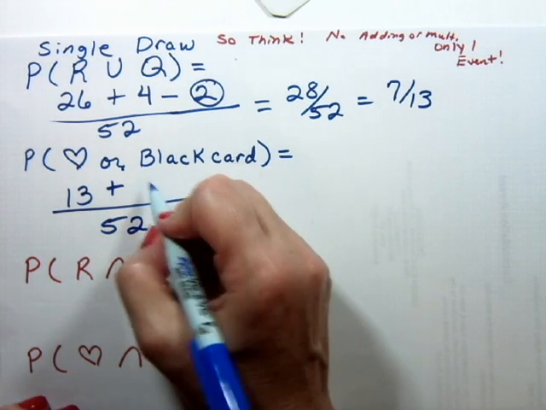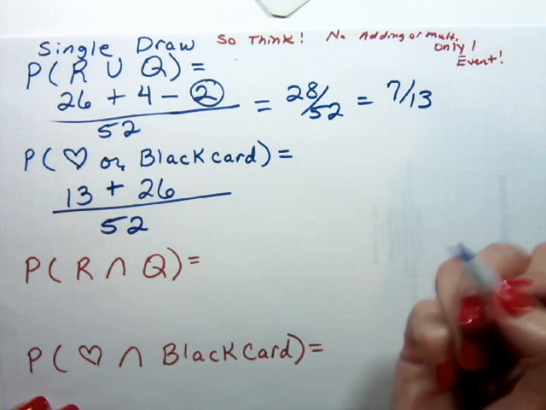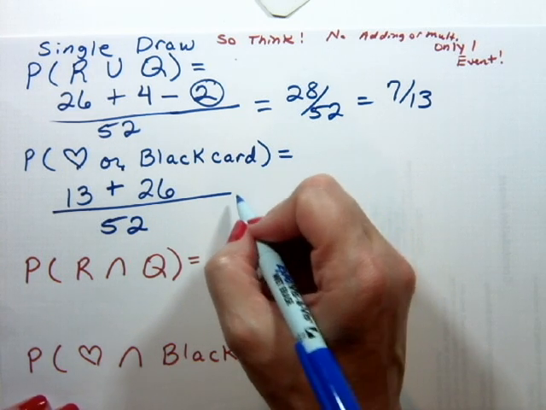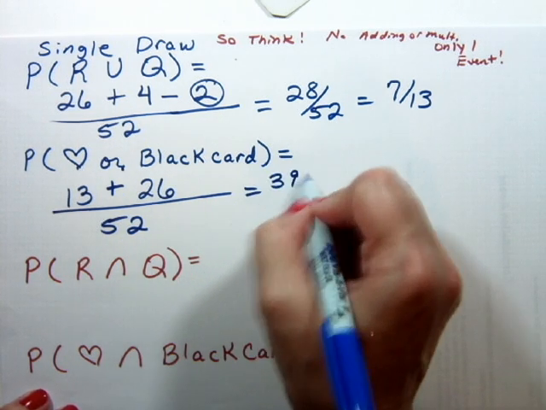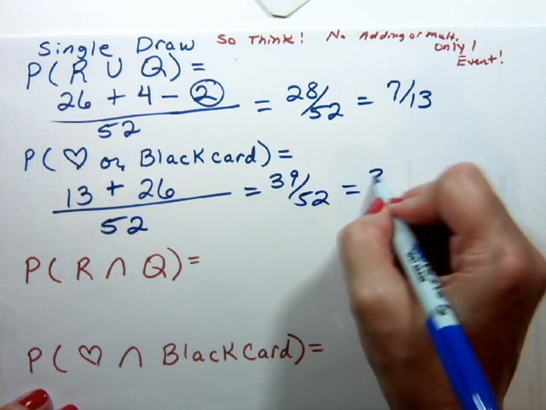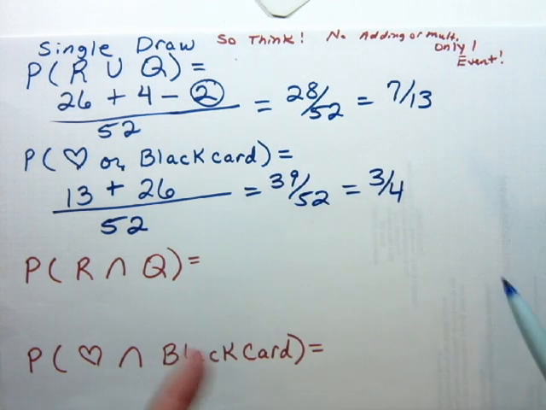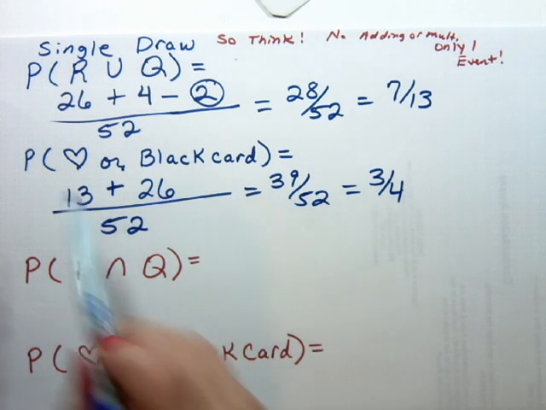We have 26. That's going to be 39 out of 52, which is 3/4 of the deck. 3/4 of the deck is either a heart or a black card, because the only ones that aren't are the diamonds, and that's 1/4 of the deck. So that would be 3/4 that are.